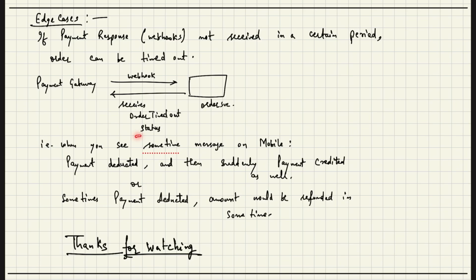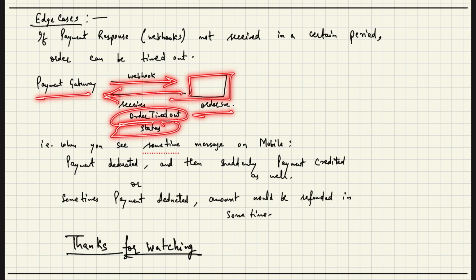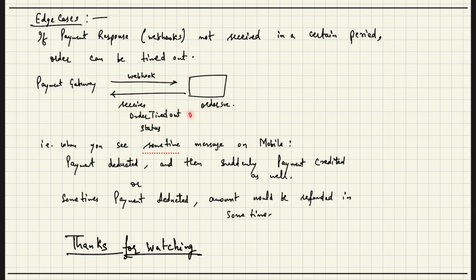Now when the payment gateway actually invokes the webhook, at that point of time the order service would send the response that the order is already timed out. That is when you sometimes see messages on mobile that payment deducted, then suddenly you see the payment credited immediately, and sometimes you see the message payment deducted, amount would be refunded in some time, right.